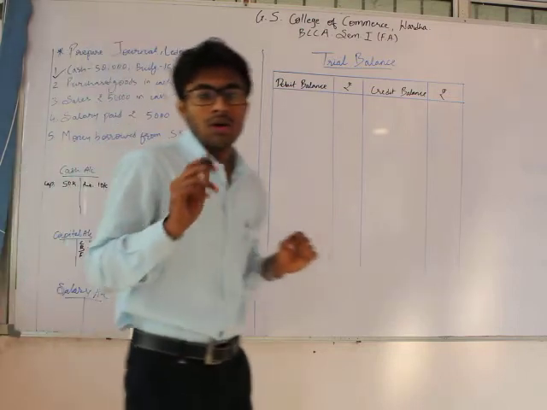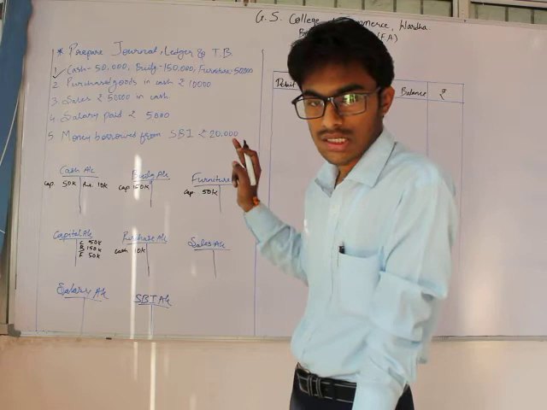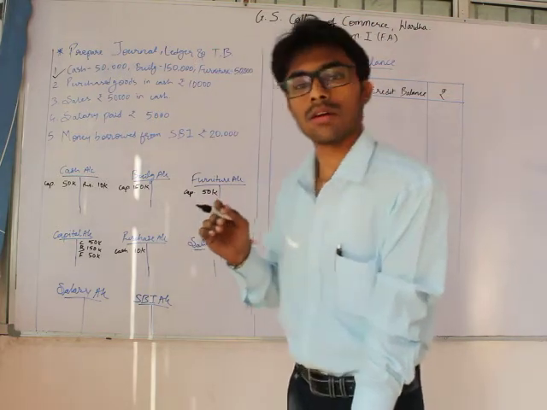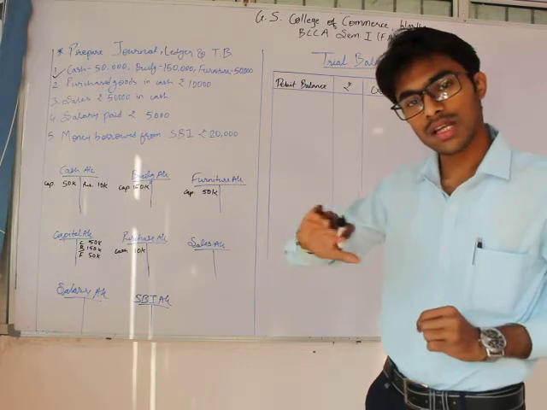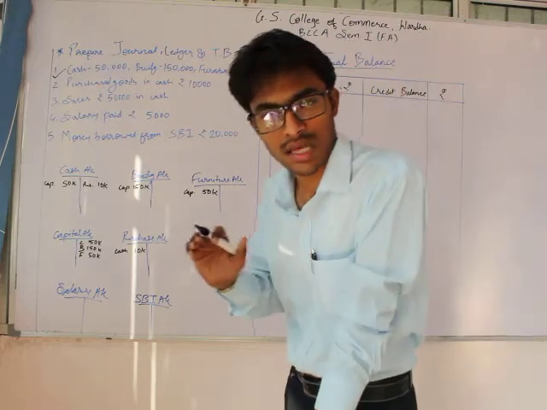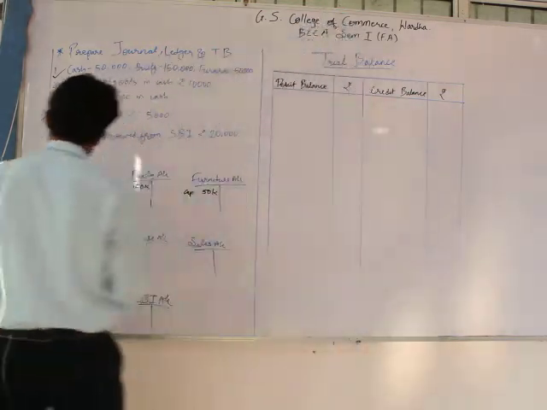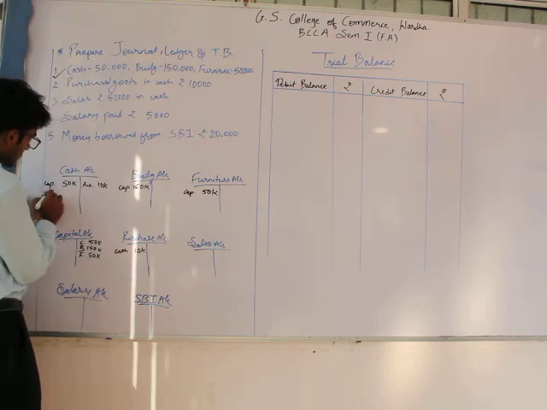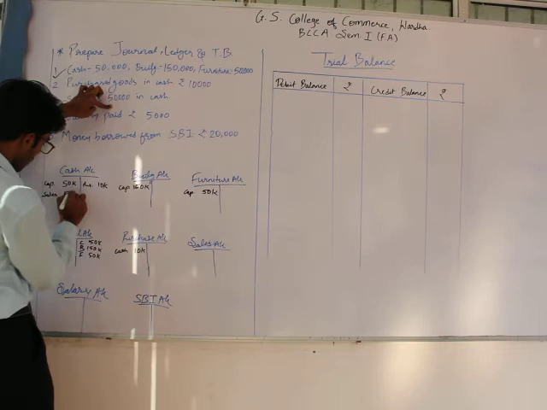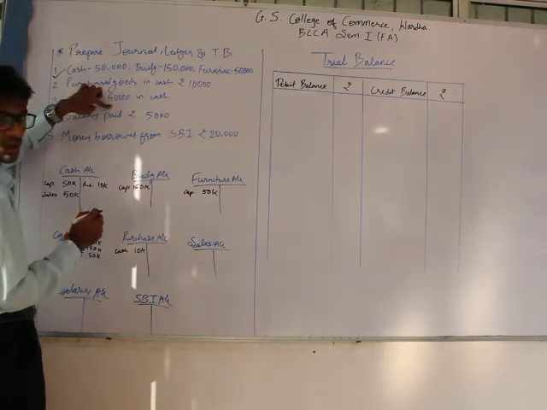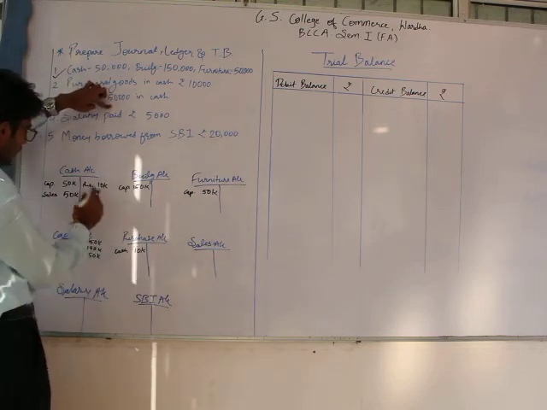Coming to the third one, sales 50,000 in cash. We have sold something in cash for 50,000. So cash is coming in and sales are my income. So cash account debited to sales. So in the debit side of cash, we are going to write sales rupees 50,000.